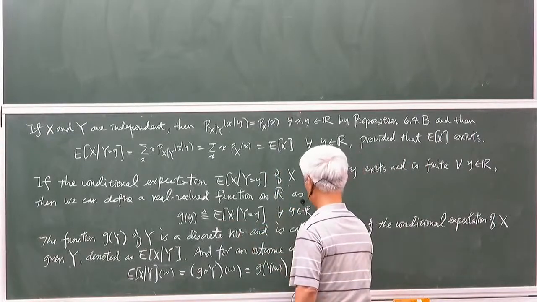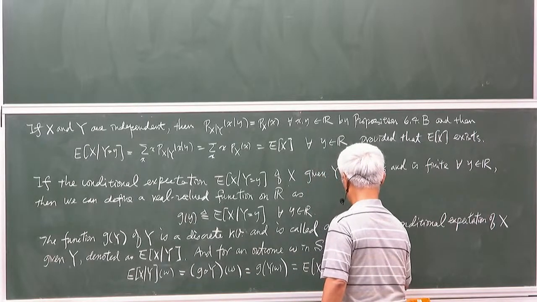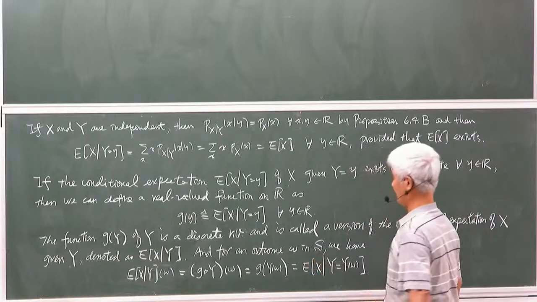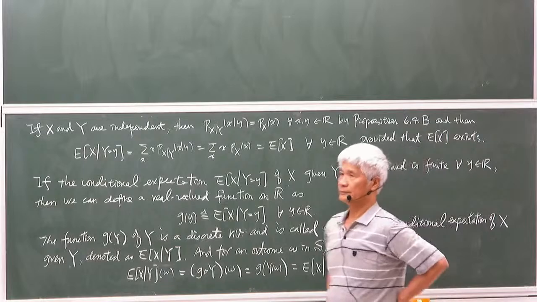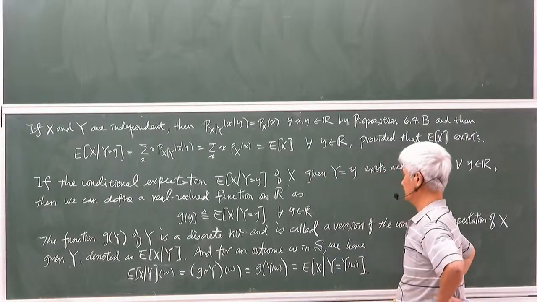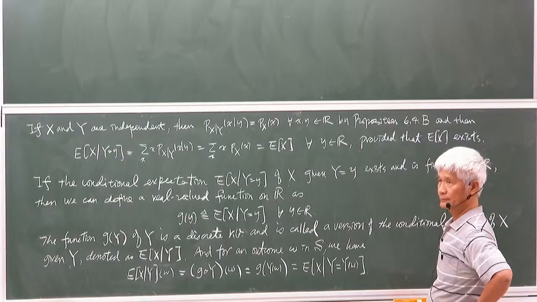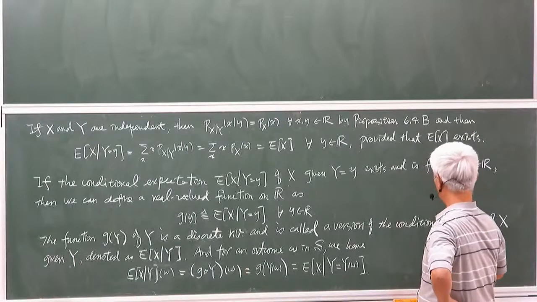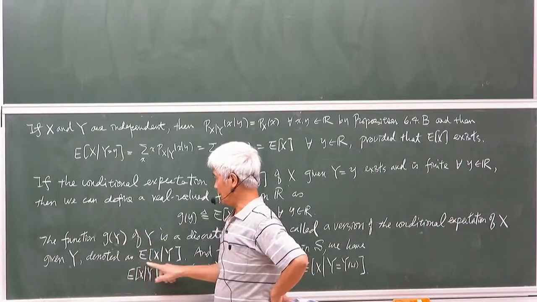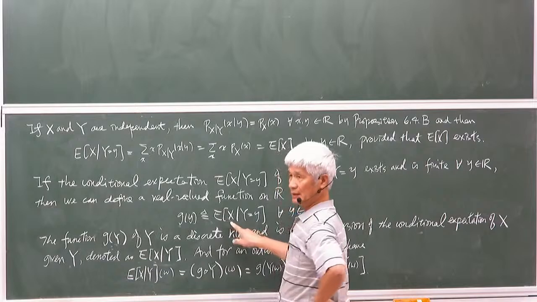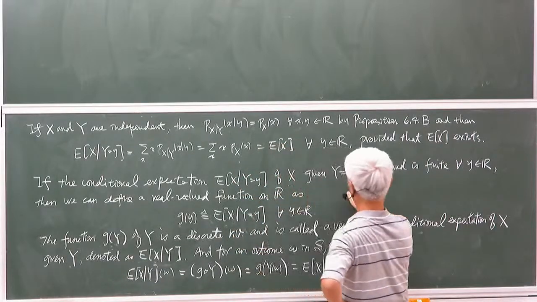By definition, this is the expectation of X given Y equal to Y of omega. Why do we call this function of Y a random variable? Because g contains the conditional expectation of X given Y equal to a specific value.